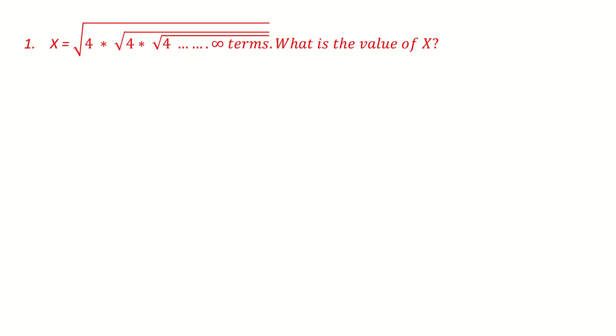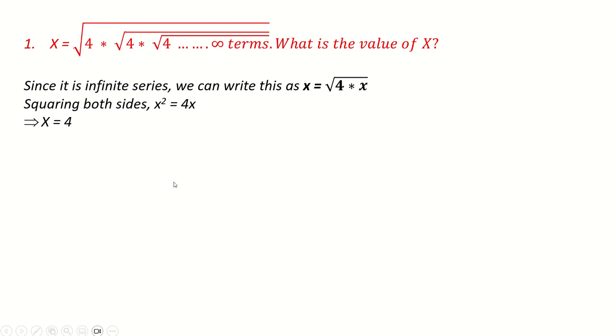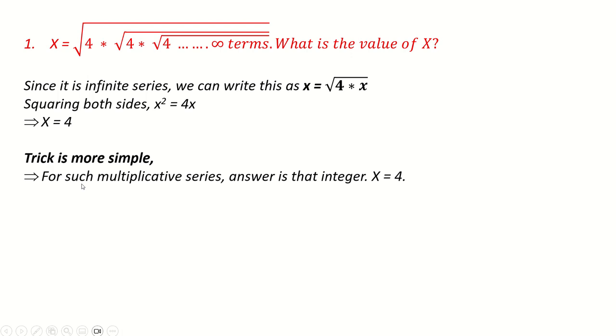If there is no addition or subtraction, and it is simply multiplicative, then what? Let's solve this problem. x equal to square root of 4 into square root of 4 into square root of 4, infinite terms. Let's do the general method. For an infinite series, we can write x equal to square root of 4 into x. Squaring both sides, you get x square equal to 4x, hence x equal to 4. Very simple. In the multiplicative case it is actually very simple: you just take the number, that's the answer.